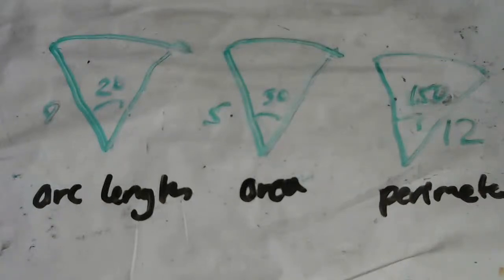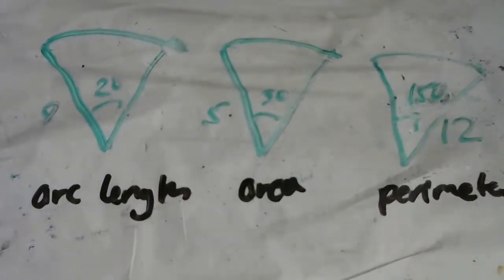So arc length is, well, 20 degrees, 20. So 1/18 of 24, might be. Let's have a go. So it's 20 over 360, maybe 20 over 180 if we're going to do it that way, times by pi.